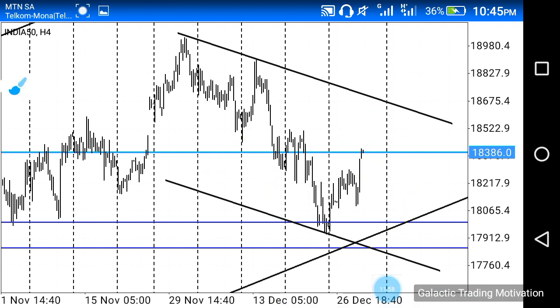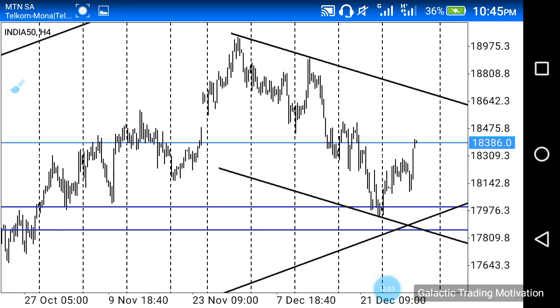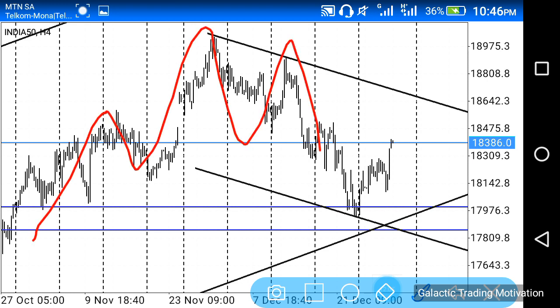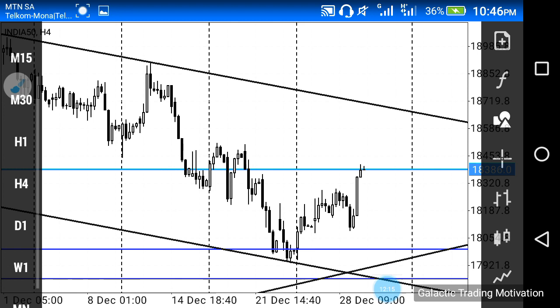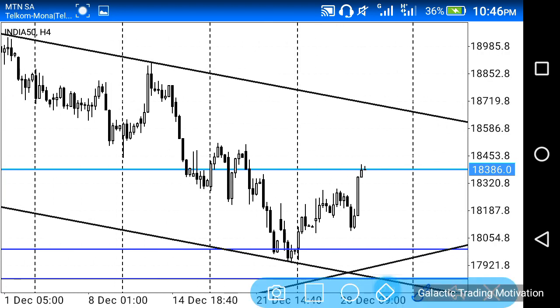So what else do we see, guys, in regards to the H4 chart? On the H4 chart, as much as on the daily chart we spoke about how we have this head and shoulders pattern with a neckline more or less at that level, can you guys also see that we have an opposing structure in the form of an inverted head and shoulders pattern as well at this point, right?